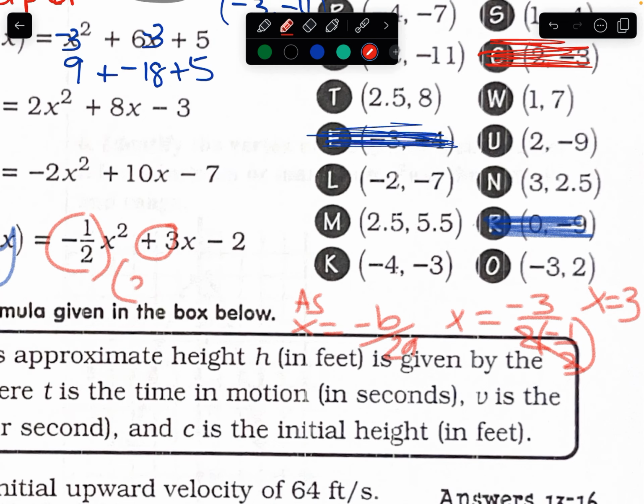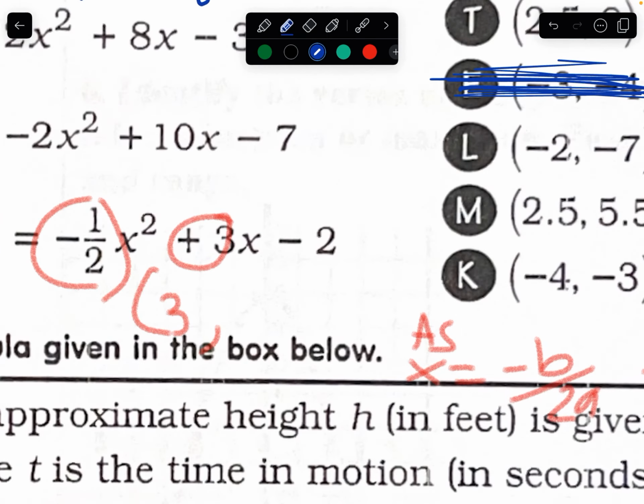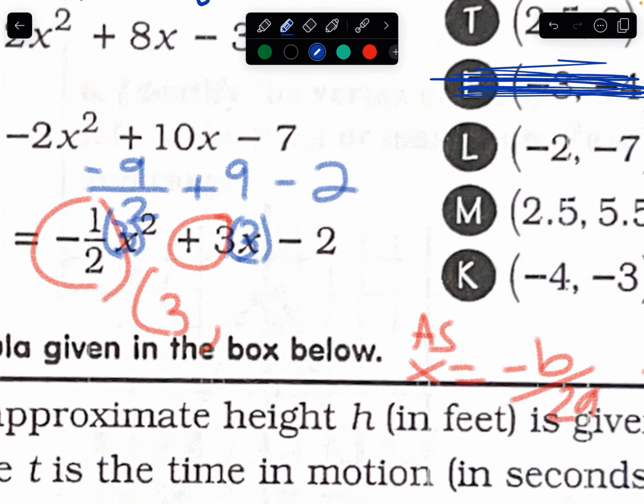So your vertex is 3. So 3 squared here plus 2 times 3 minus 2. So you get negative 9 over 2 plus 9 minus 2. That gets you 7.